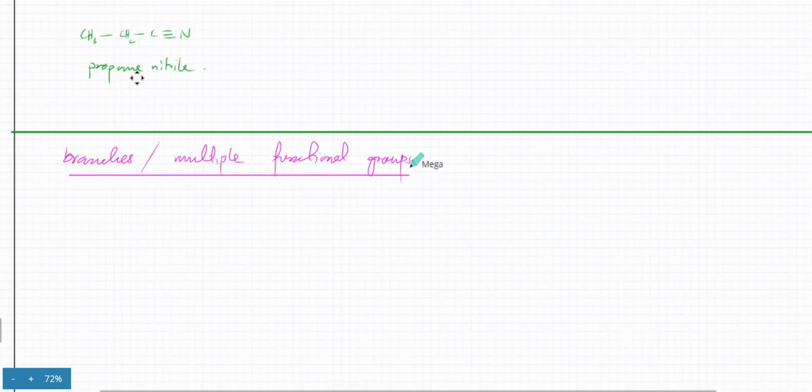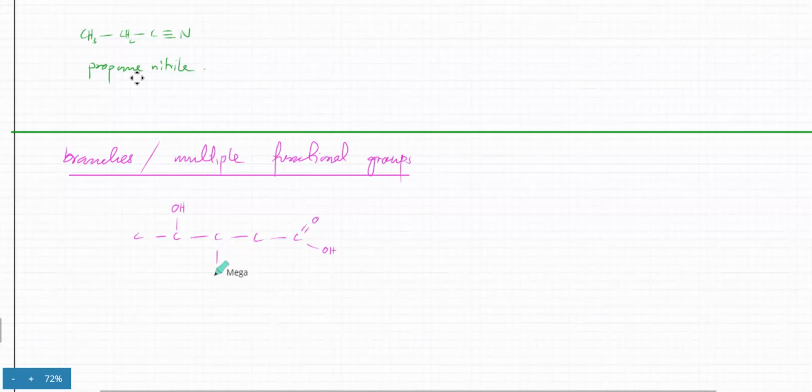So what happens if a molecule is a carboxylic acid, it's also an alcohol, and it also has branches and side chains? Okay, so let's think of a molecule, and it has a carboxylic acid. So let's keep it simple, it has an OH.